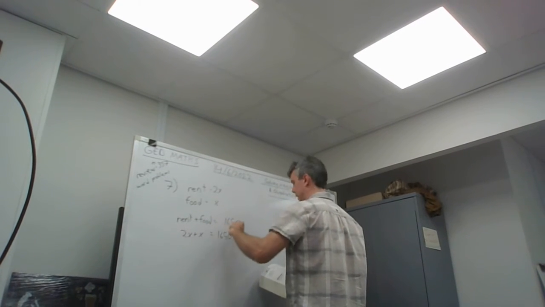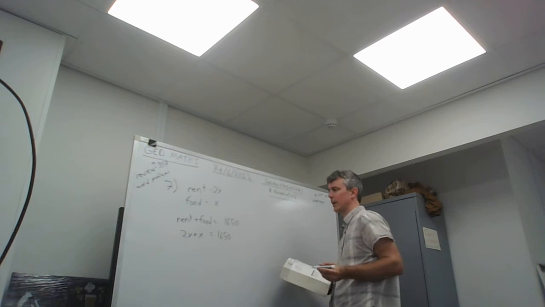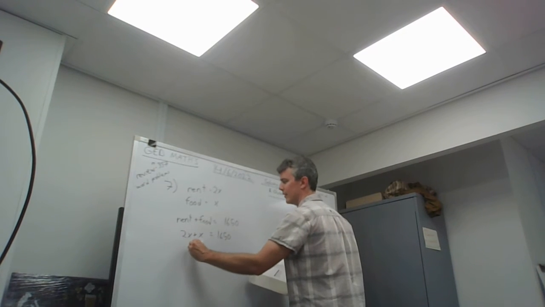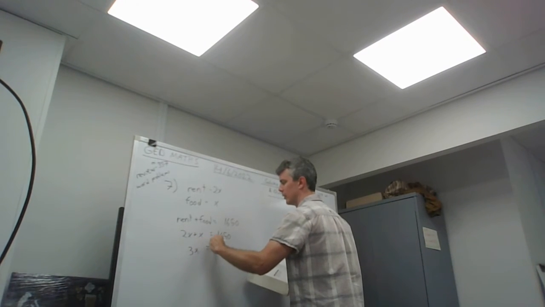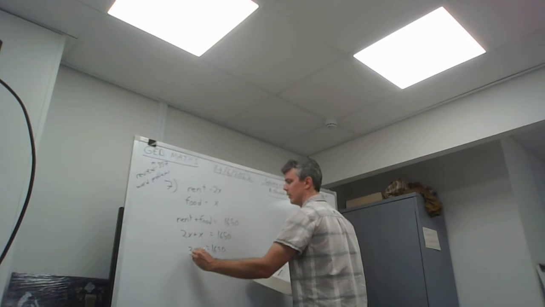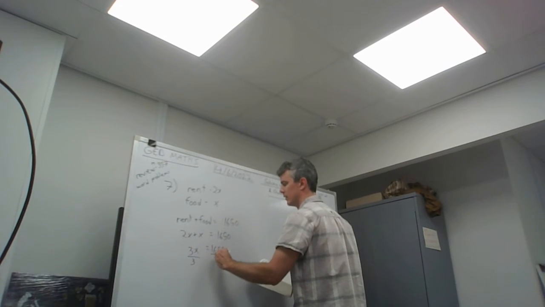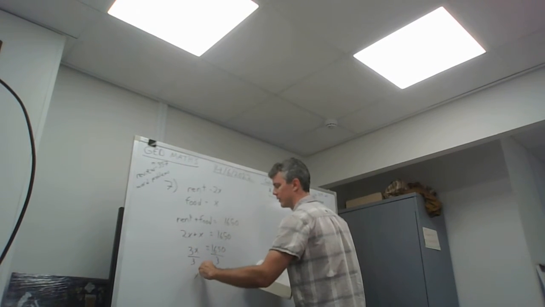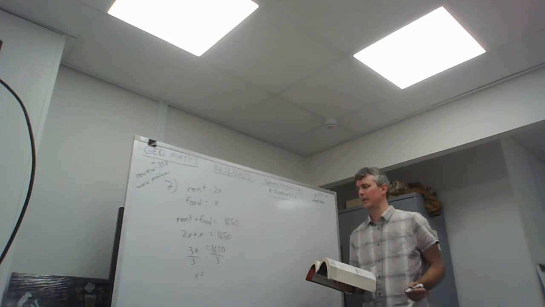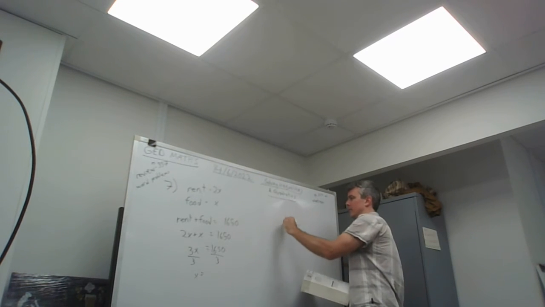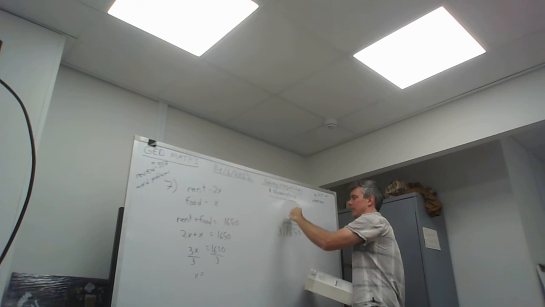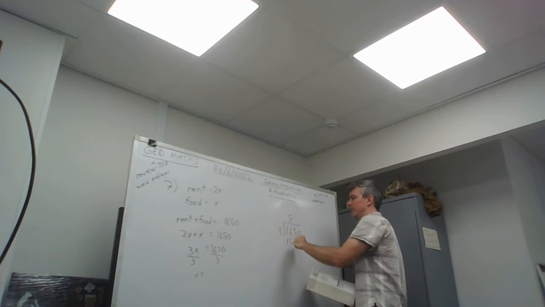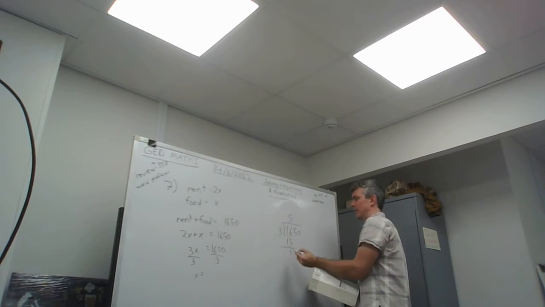This is very much like number 3. It's actually the same format. 3x equals 1650. Divide each side by 3. X equals, what's 1650 divided by 3? 550.